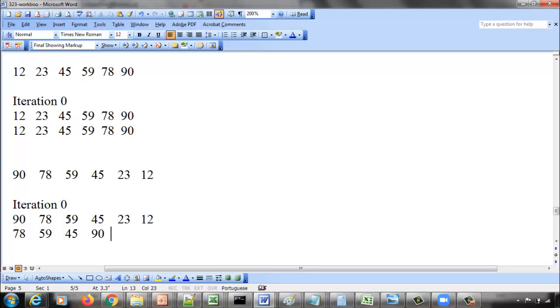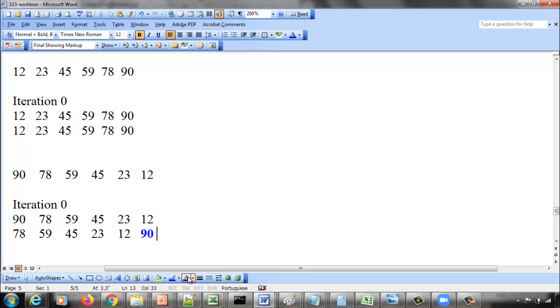Then 90 and 23, 90 is greater than 23, so swap them. 90 compared with 12, 90 greater than 12, so again swapped. So at the end of the first iteration, or iteration 0, the largest among the elements in the unsorted portion, which is the entire input array, has bubbled all the way to its final position, which is this 90.